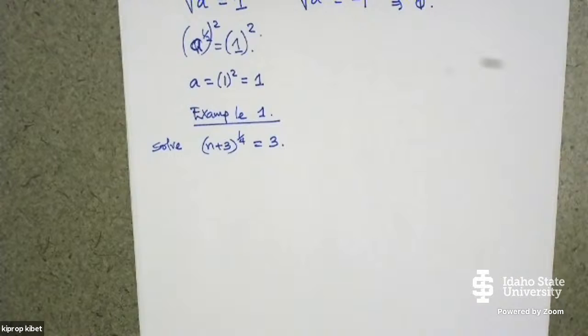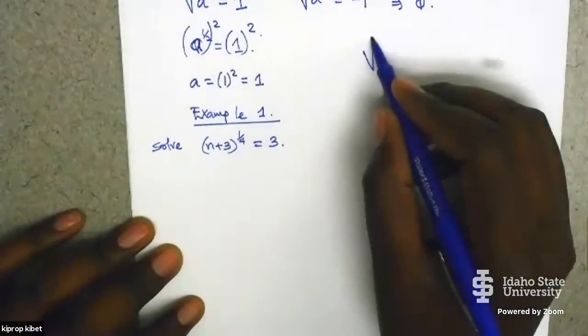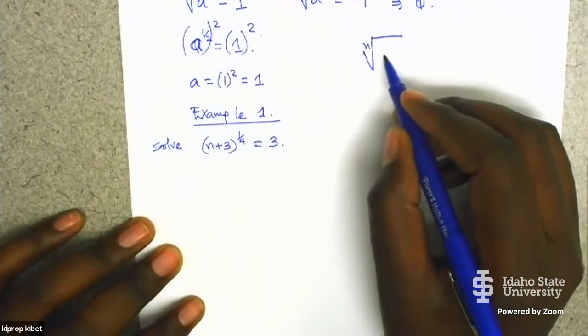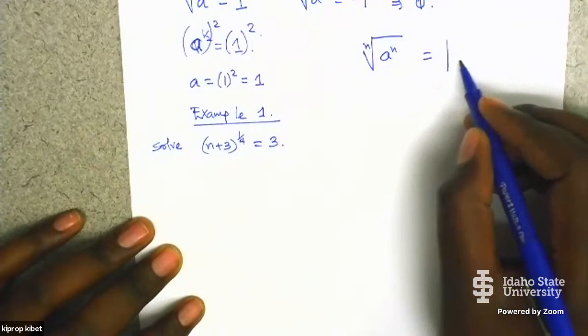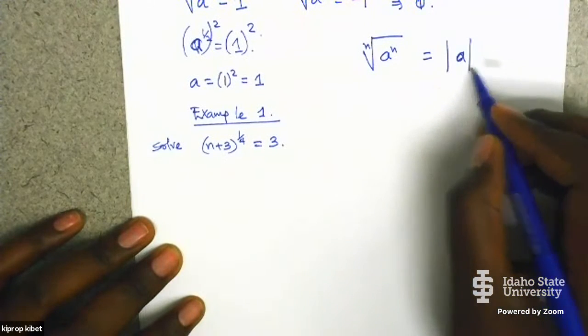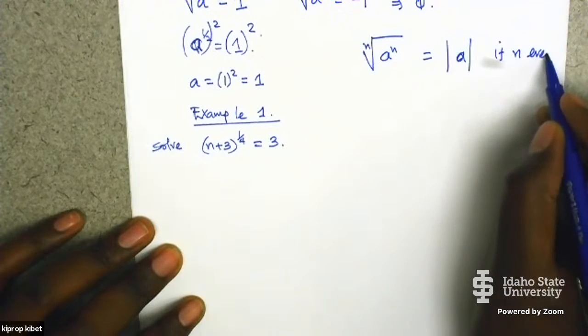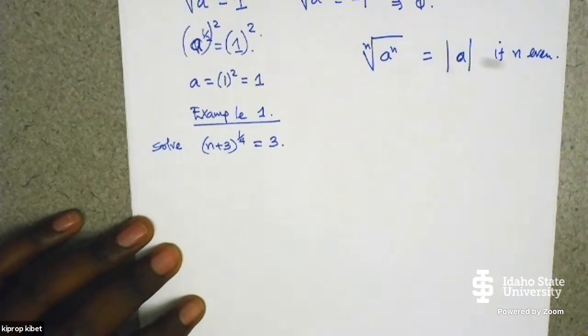But we said that if we have the nth root of A raised to n, it is similar to the absolute value of A if n is even.